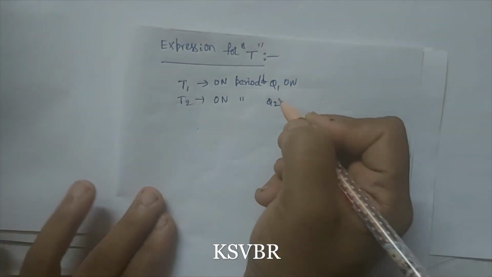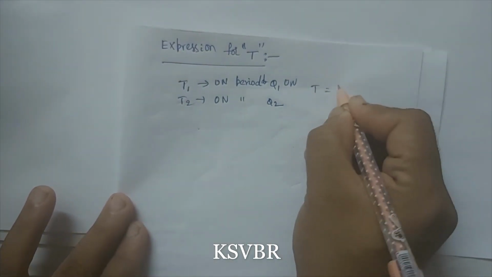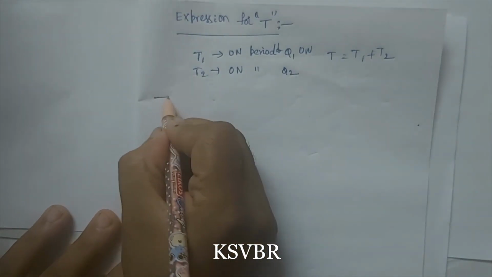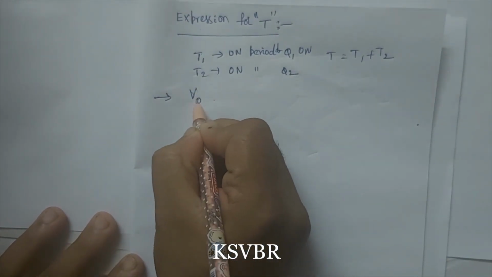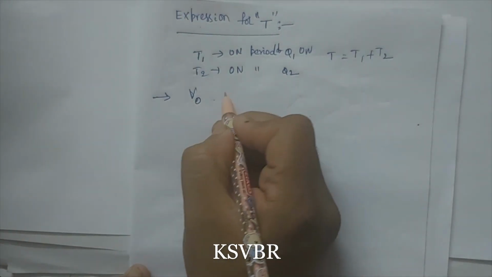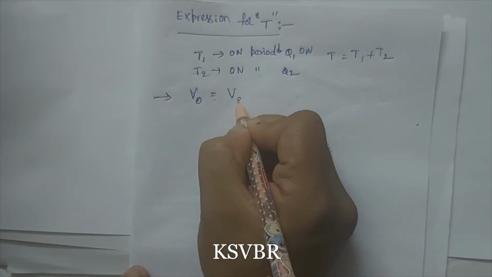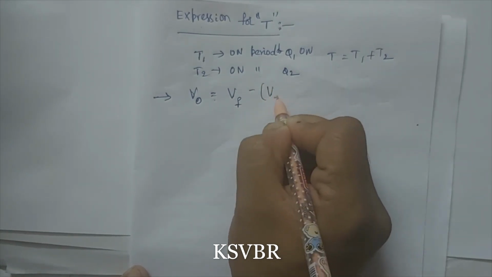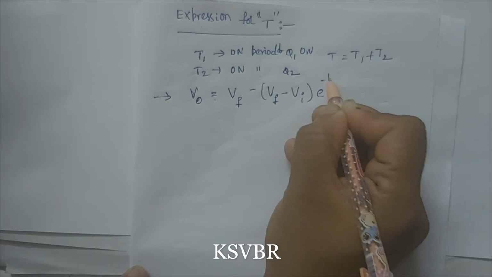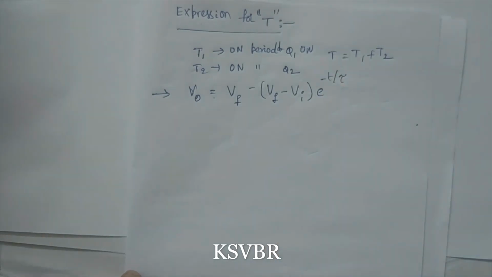We know that T is equal to T1 plus T2. We know one equation that we have already discussed in EDC: the output voltage V0 is equal to V final minus (V final minus V initial) into e power minus t by tau.